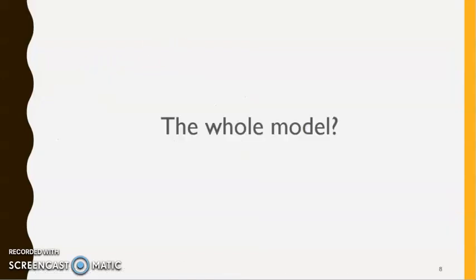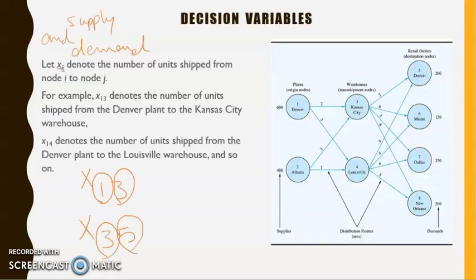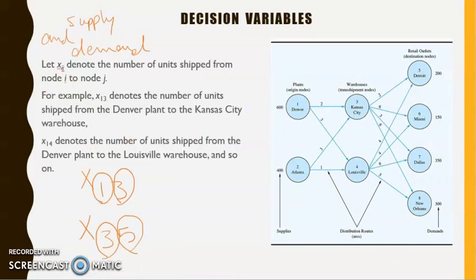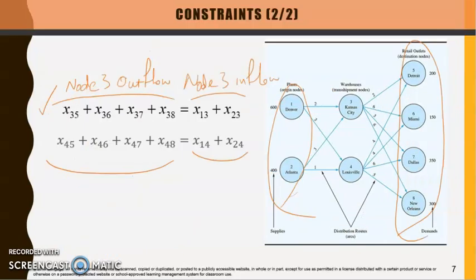Okay, if you are good with everything that we discussed so far, I recommend writing the whole model yourself by checking this initial graph that we had. The other part you need to write to get the whole model is the objective function, and you should be very good with it.